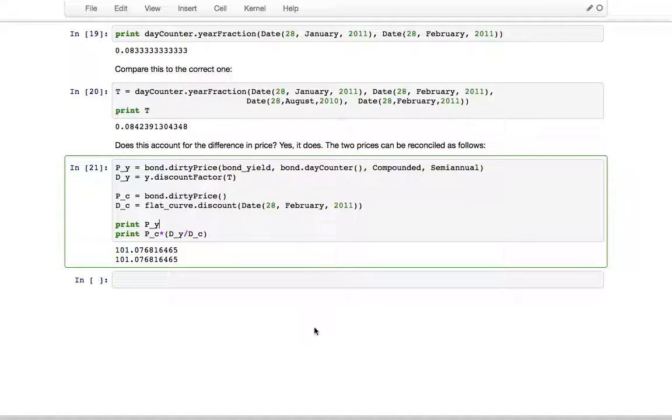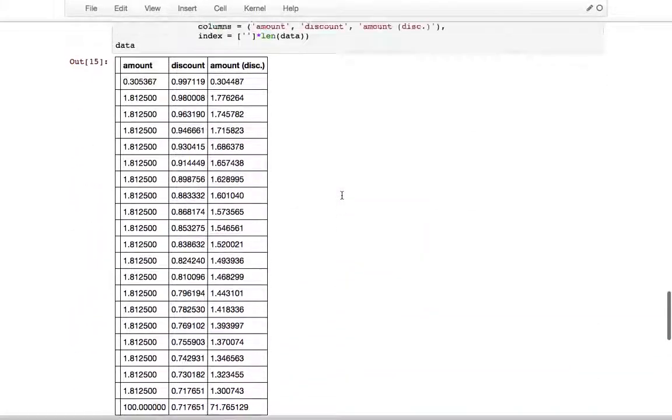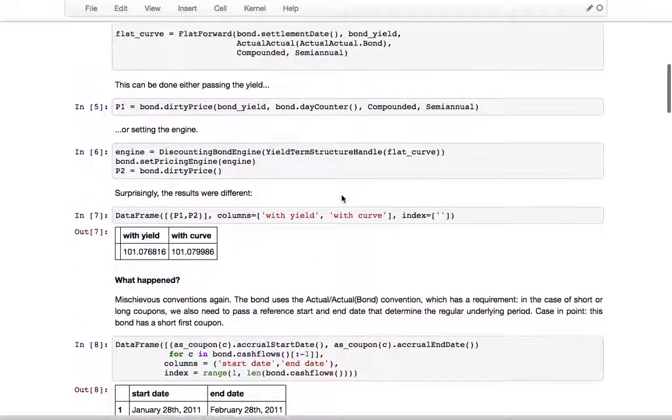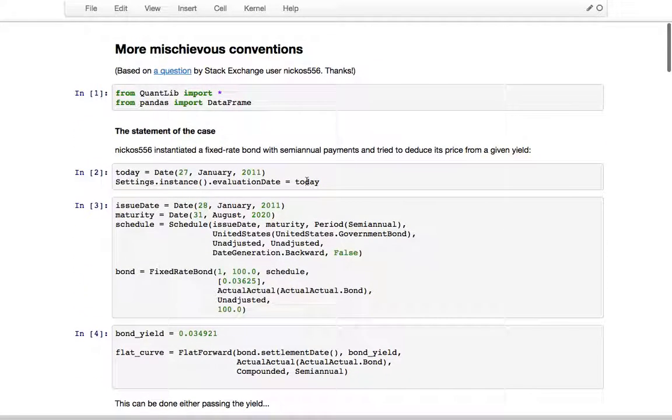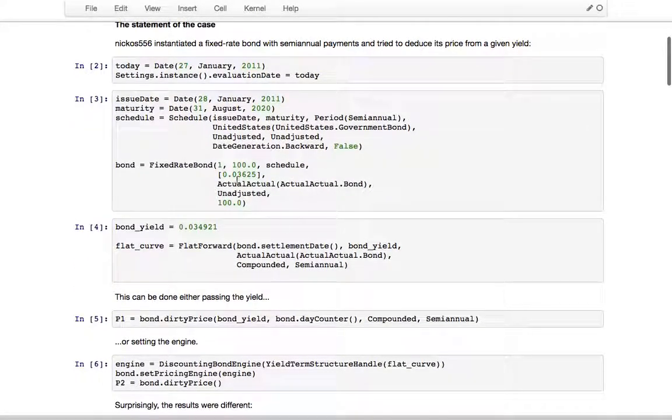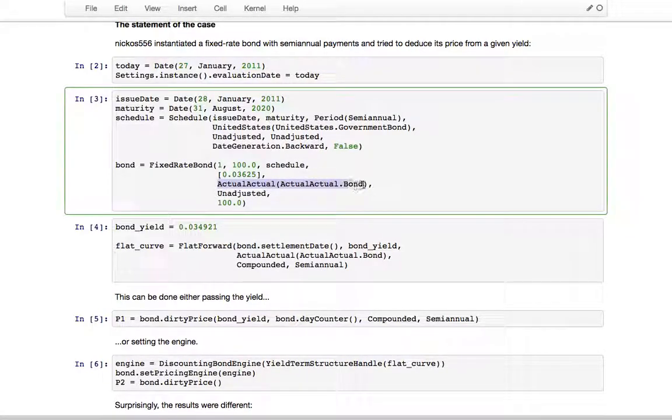There is work underway to provide the day counter itself with information, which means that there has already been a contribution to the library that allows one to pass a schedule when we create a day counter. So for example, when we create this one, we can not only specify the particular convention, but also pass the schedule of the bond to the day counter.